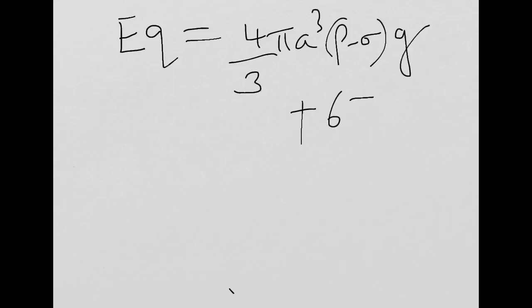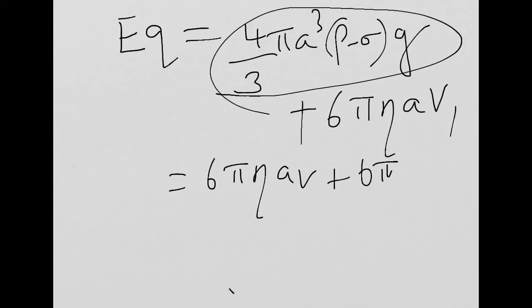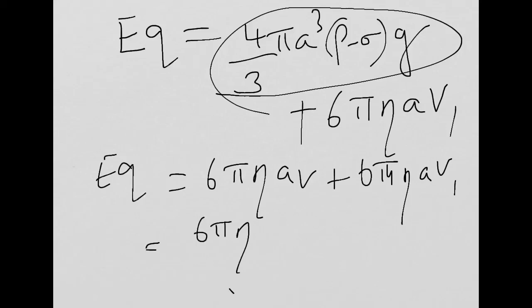This time as it is moving with a terminal velocity of v1 up, I have to write it like this. This is nothing but our 6 pi eta a v, downward force, plus 6 pi eta a v1, which is EQ. Taking 6 pi eta a outside, it is v plus v1, which is EQ.